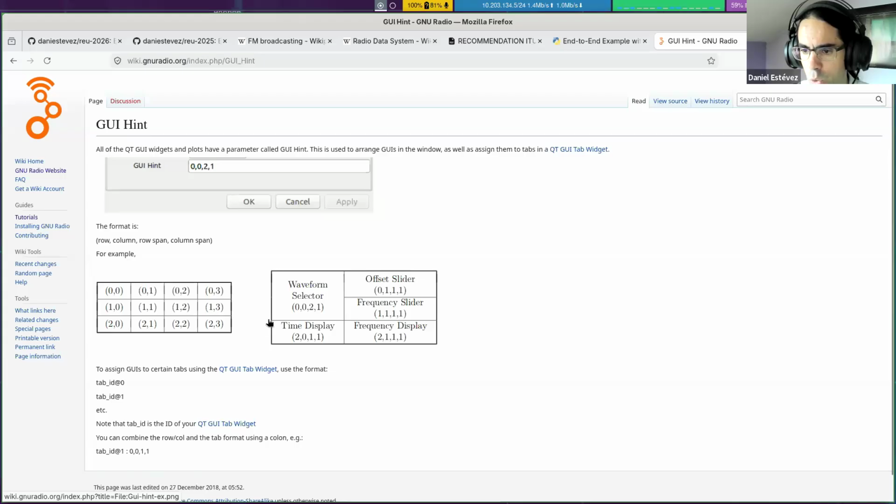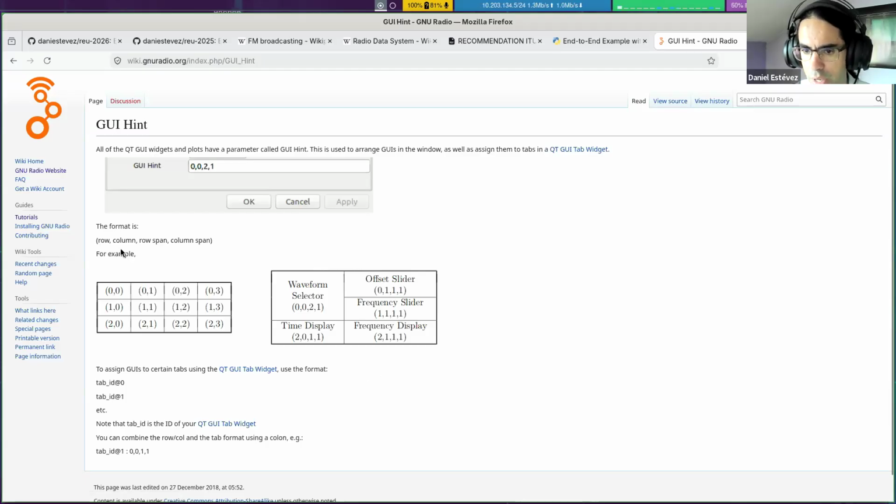The way to have different sizes is to add these two additional numbers, which indicate how many rows and columns the thing is taking up. For example, this waveform selector is at coordinate 0, 0, but it's actually taking up 2 rows and 1 column. That's what makes this twice as tall as this one, which is only taking 1 row and 1 column. So this is basically how it works.